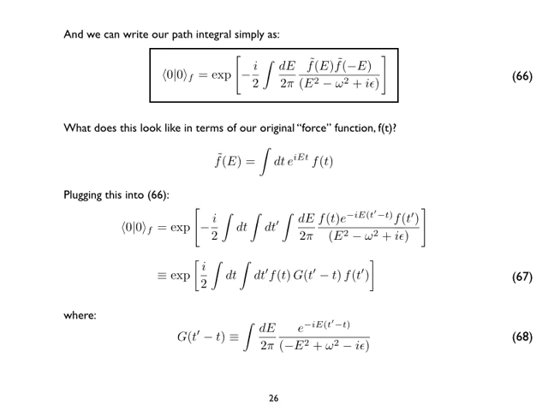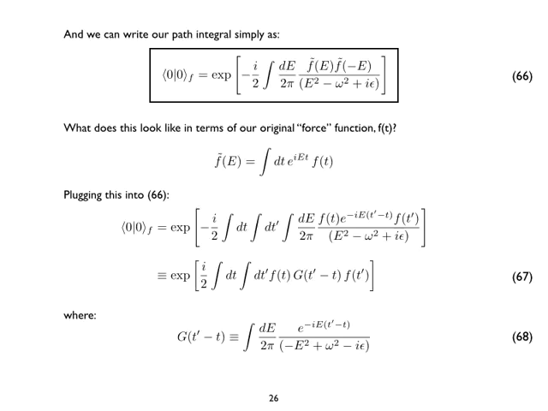The first thing we better do is go back to time space. We have an expression in energy space, so I need to plug back in for the F twiddles in terms of my F of t.